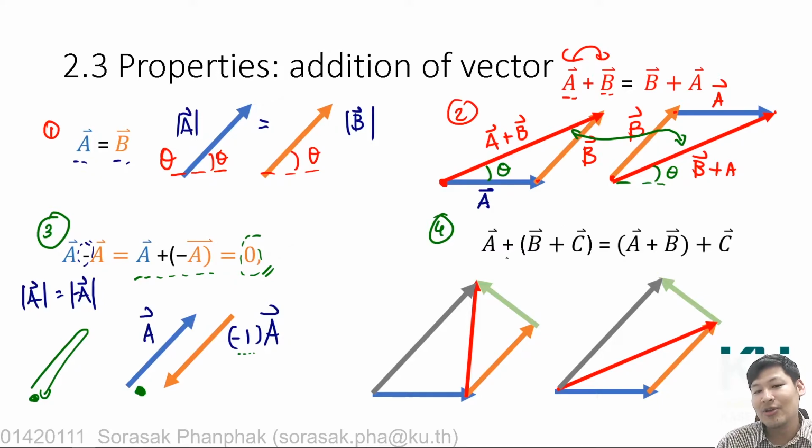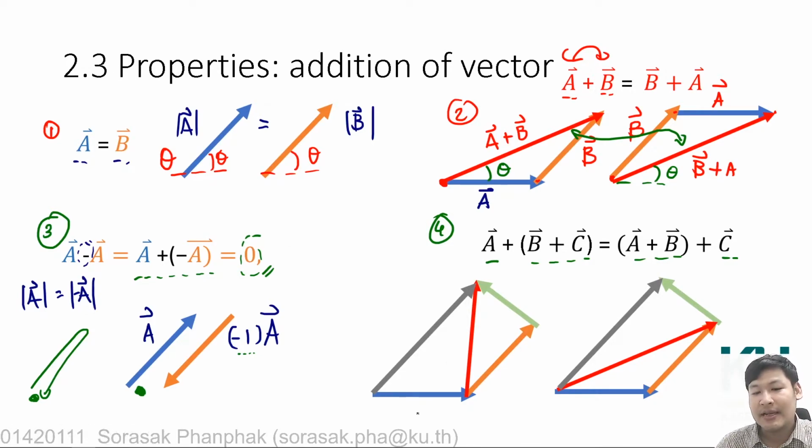Another one is you can do associativity. So rather than you group up the first, like A and B and plus C, you can do A plus, and group up B and C. What is happening graphically?